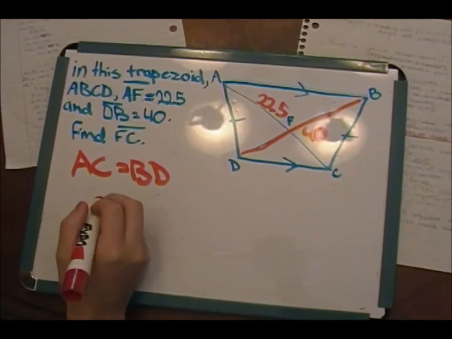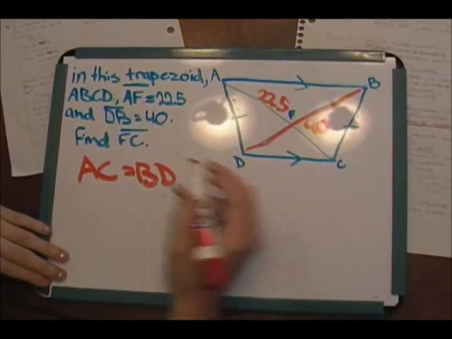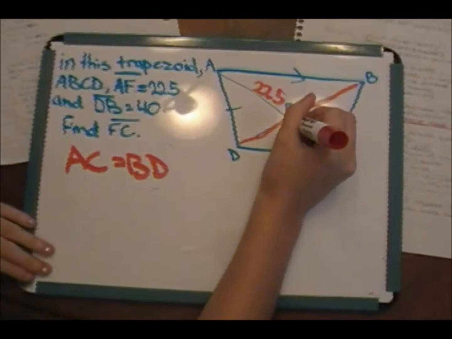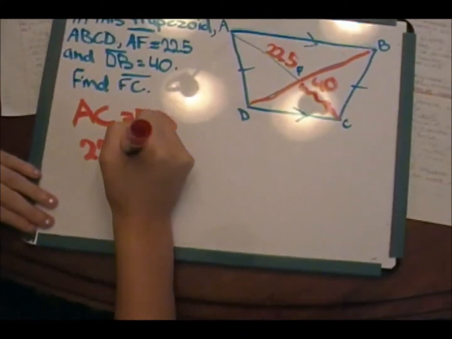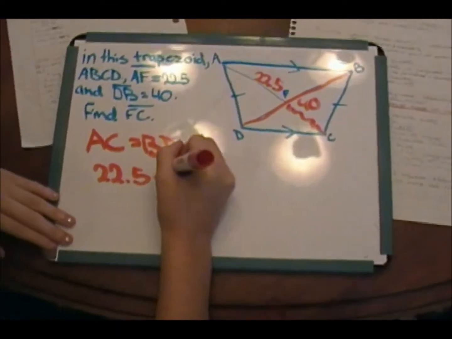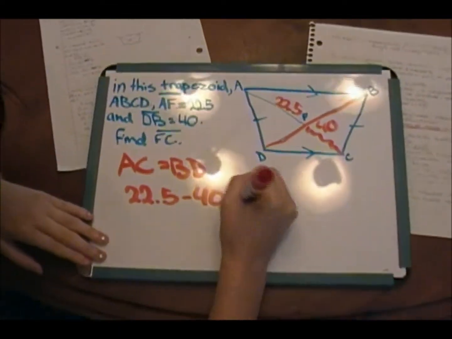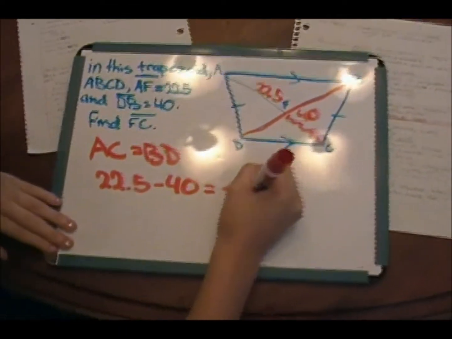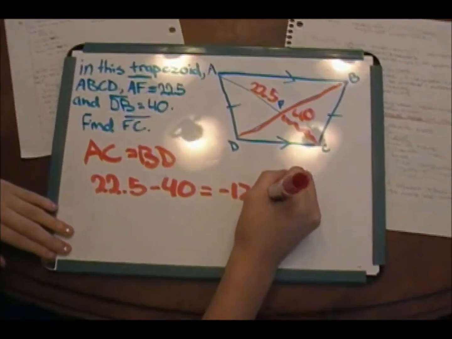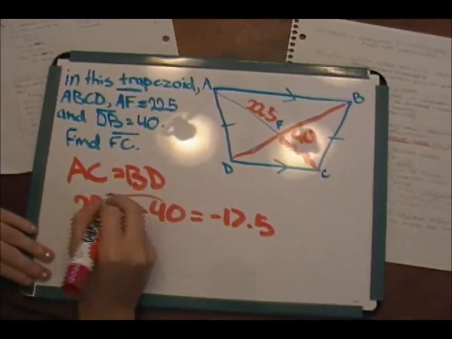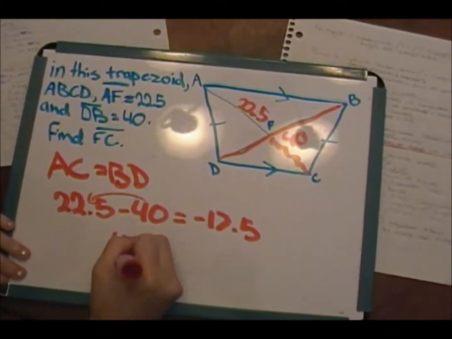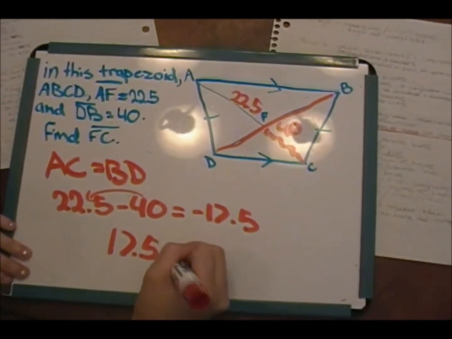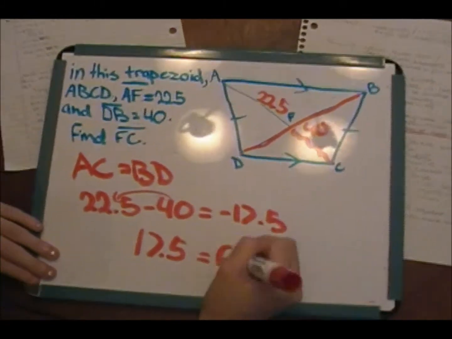So to find out this one right here, you can just do 22.5 minus 40 equals negative 17.5, but then I put that in front of that, so actually it's just regular. 17.5 equals FC.